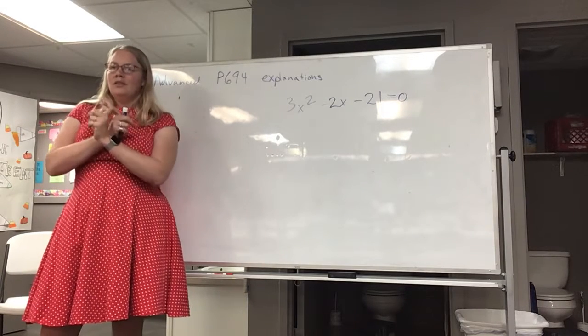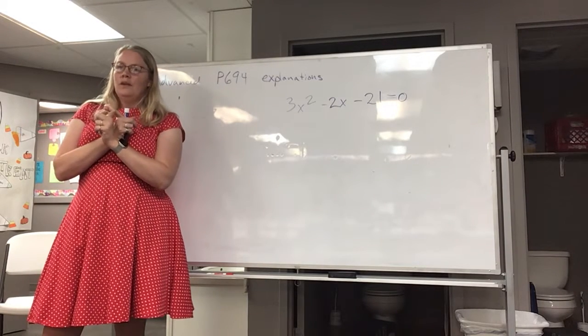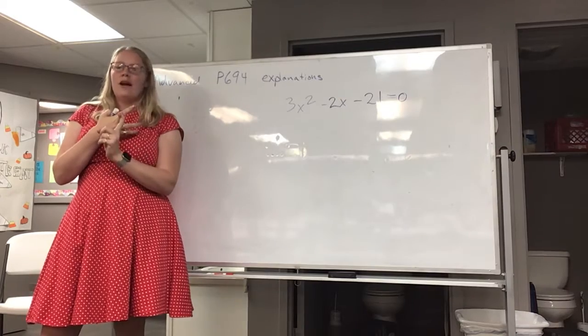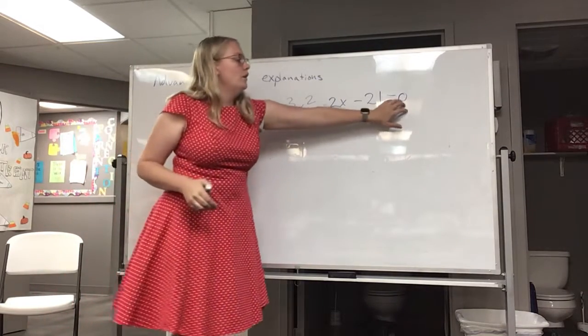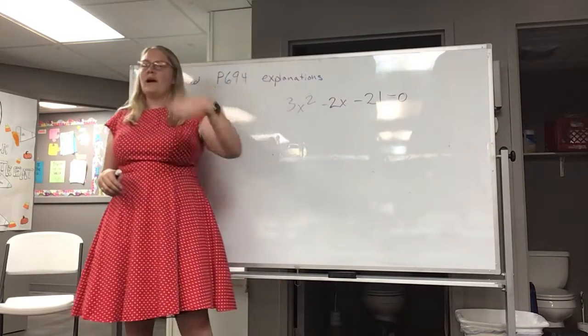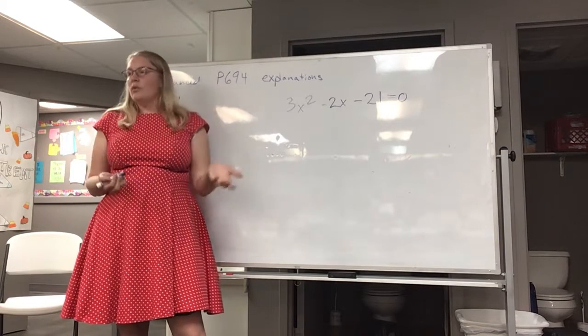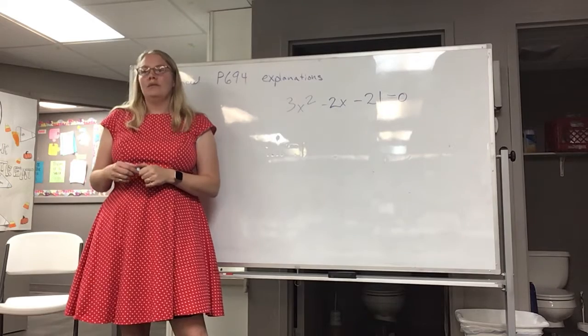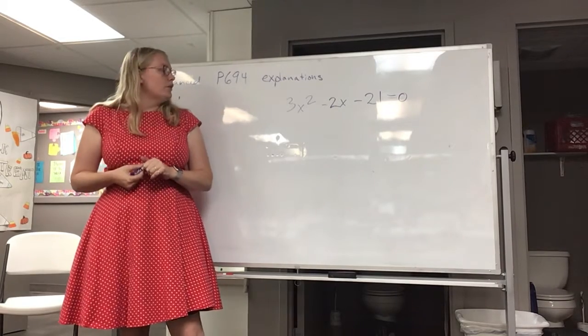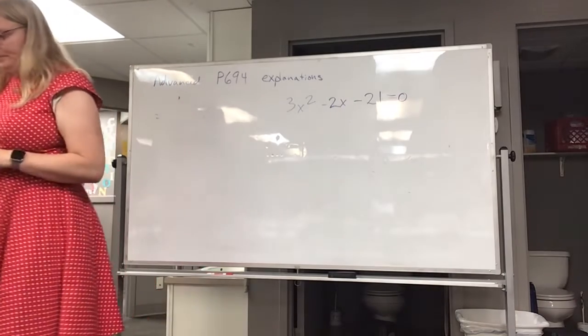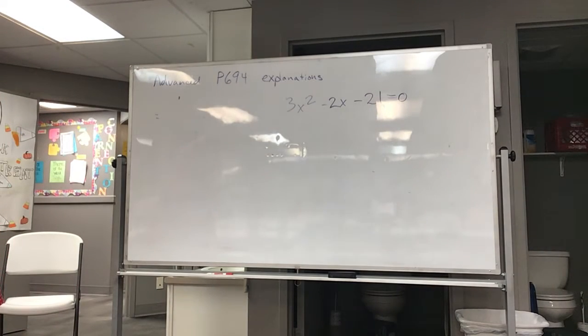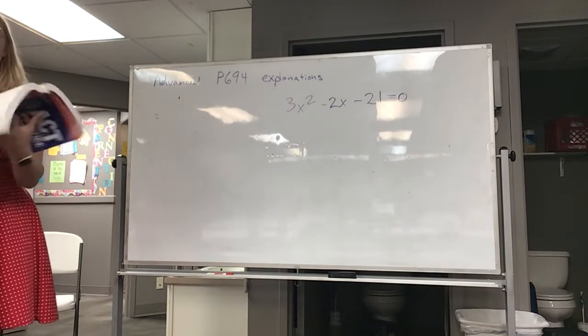You can test the numbers that they give you. You can graph it in a graphing calculator and see where the line equals 0 or where it crosses the x-axis. Or you could run it through the quadratic formula. Three ways to do it other than factoring. In this case, I would be doing a bit of a hybrid.